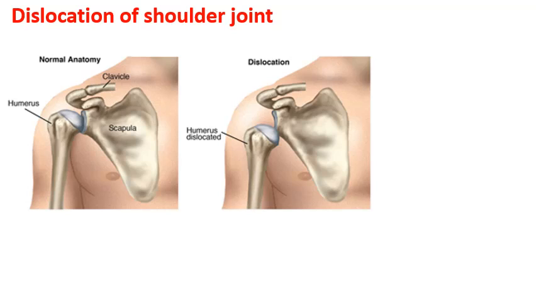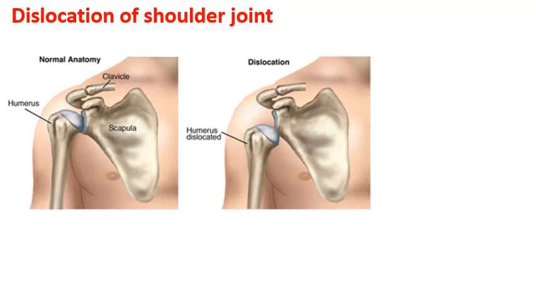Let us think about the head of the humerus. Where is the direction of this dislocation or displacement? Is it more frequent to happen anteriorly, posteriorly, inferiorly, or superiorly?